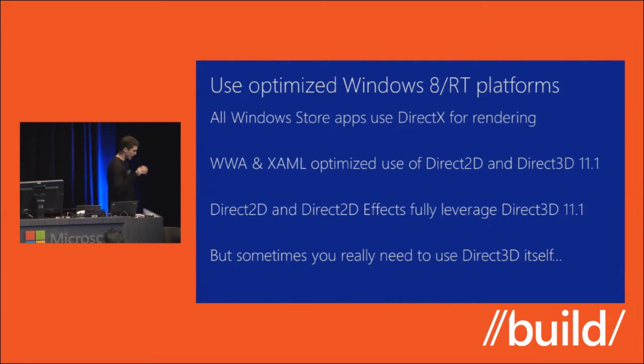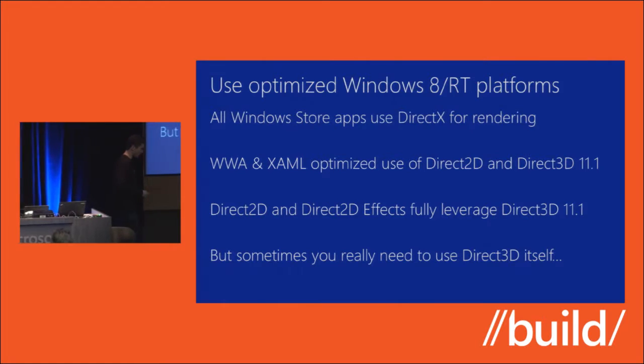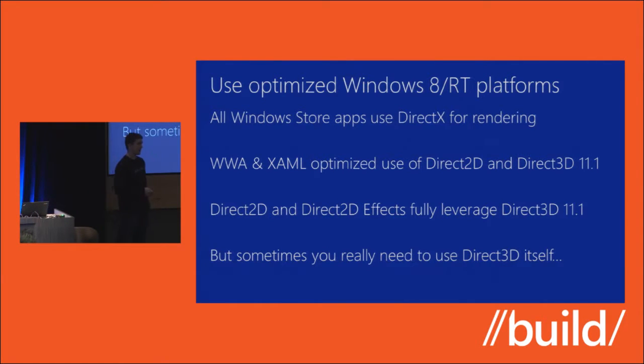So let's just talk about all the different ways of writing a Windows Store app briefly. We're here to talk about DirectX and C++, but sometimes you don't actually have to write every single piece of code in Direct3D, and my team has worked with all these different platforms to highly optimize them on these new hardware form factors. So WWA, built on top of IE technology, highly performant, fully leverages Direct3D 11.1.